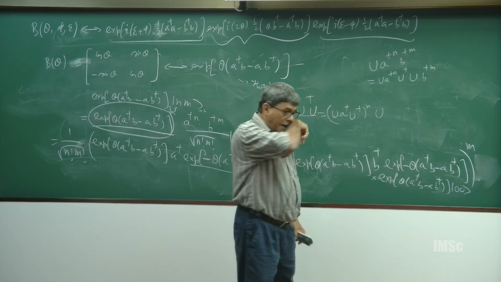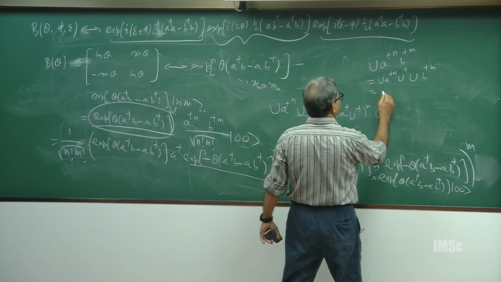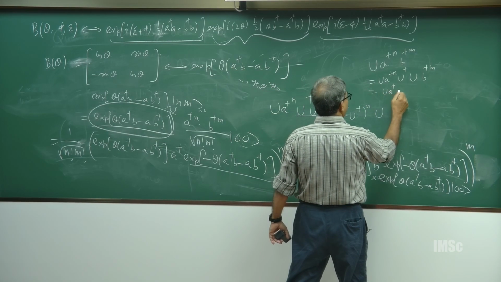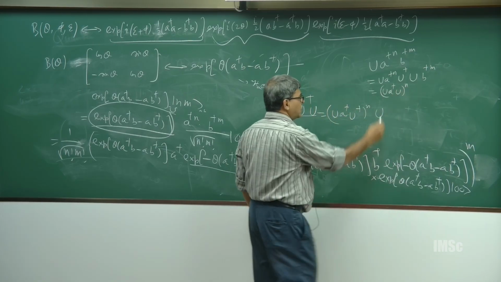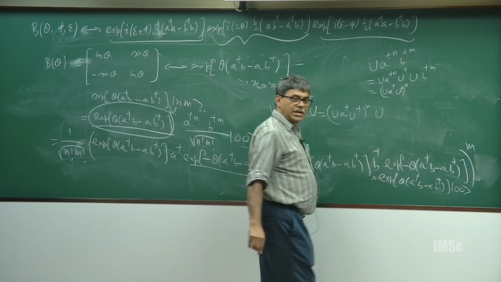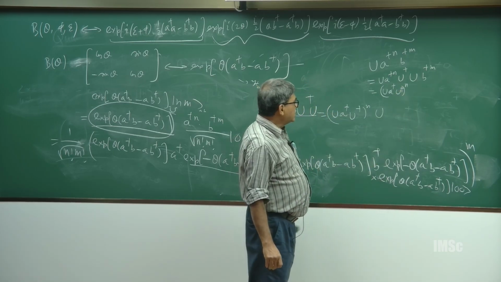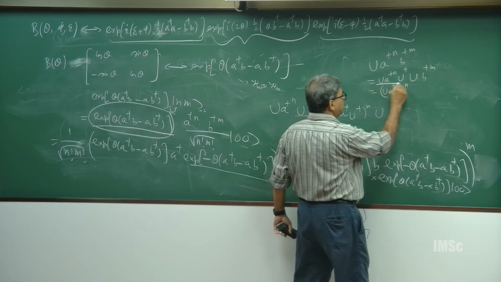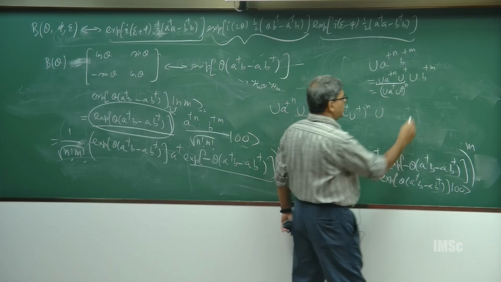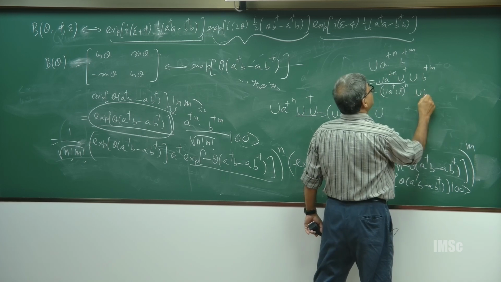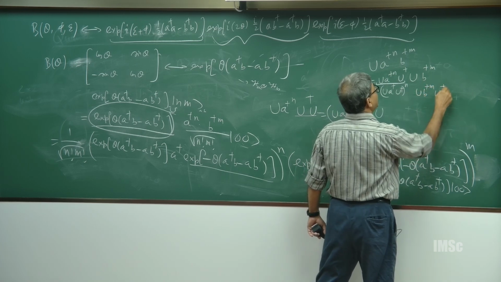Then we can write it as U A dagger U dagger, all to the power n. Is that a correct statement? Yes. Now for this part, I'll write U B dagger to the power m U dagger U.